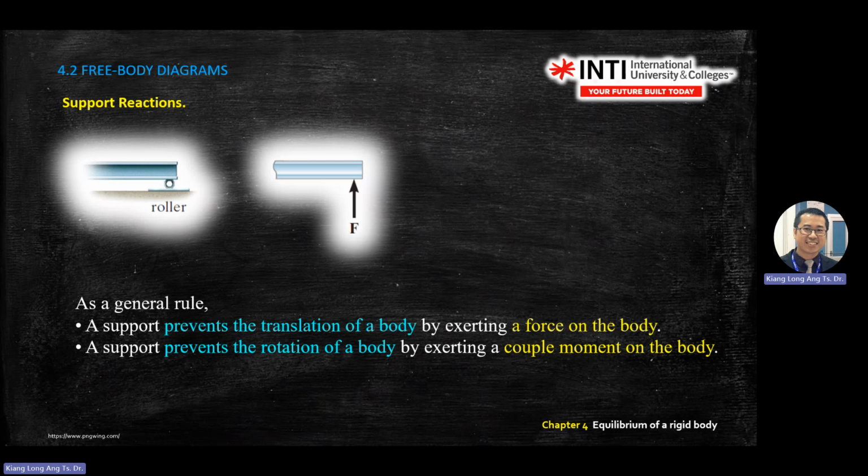My secret in drawing supports in your free body diagram is to imagine what the object cannot do. Then this becomes your reaction. This is how I remember a reaction.